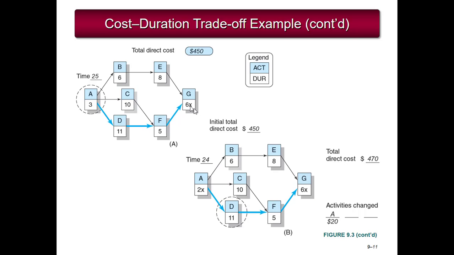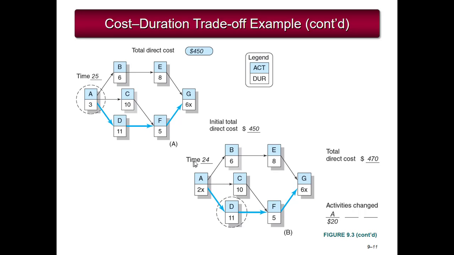Notice that the X in the diagram means that an activity cannot be crashed or reduced further. So in case of time 24, we've taken a day out of activity A, and once we've done that, we've reached the crash time, which is 2, so it can no longer be crashed. And so the activity network diagram shows that it can complete in a period of 24 time units.